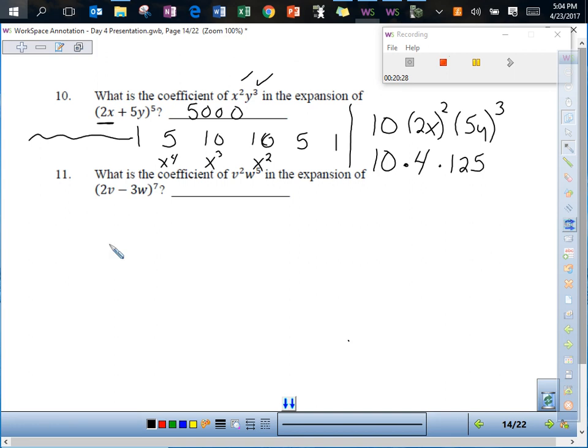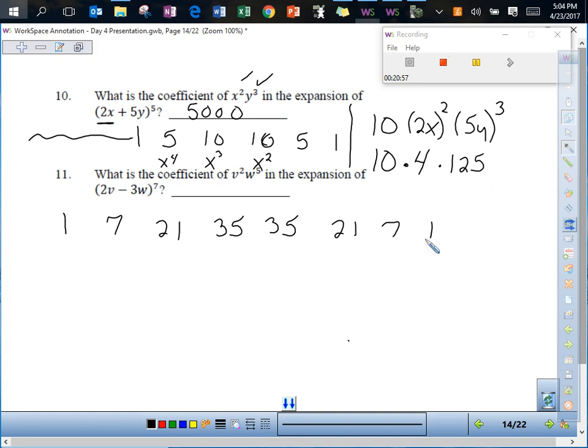So look at your number 11. It says, what's the coefficient of v squared w to the 5th in the expansion of 2v minus 3w? So look at your Pascal's note card again. Go down to row 7. So I've got a 1, 7, 21, 35, 35, 21, 7, and 1.